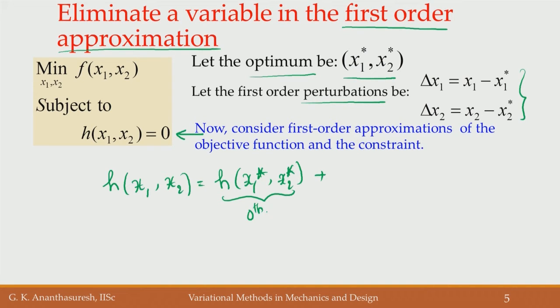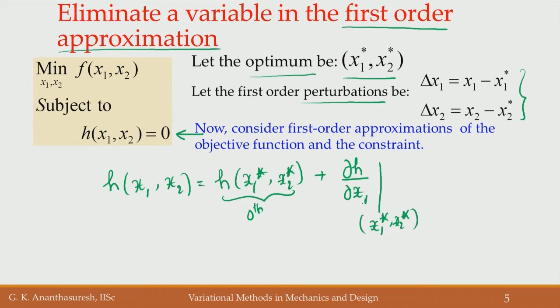So, we have to perturb it by this much. Then what we say is that the partial derivative of h with respect to x 1, evaluate that at x 1 star x 2 star. Okay.